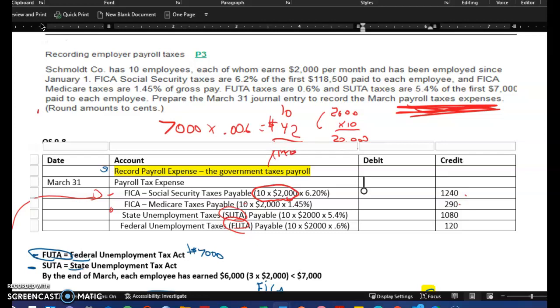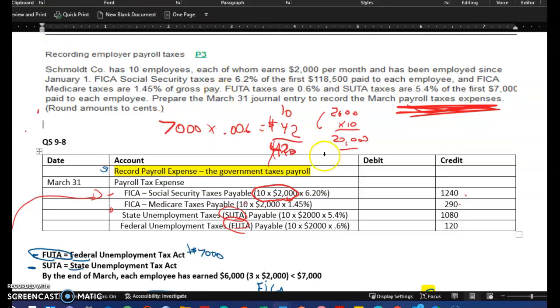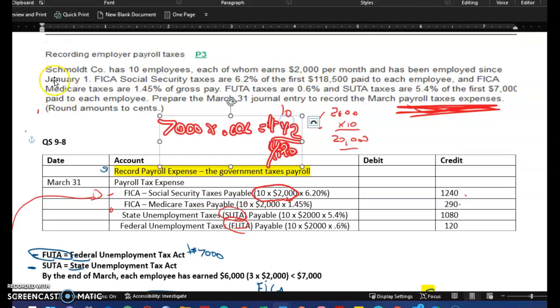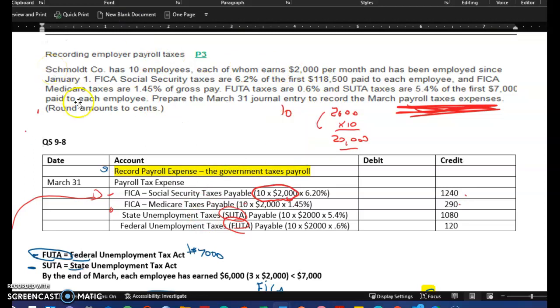The reason that would be wrong is because each employee earned 2,000, not 7,000. A lot of people try to take a shortcut because they worked a problem like that or something similar, and it doesn't work out for them. So always go back to the basics. 10 employees got paid $2,000, which is 20,000 times 0.006 is 120.